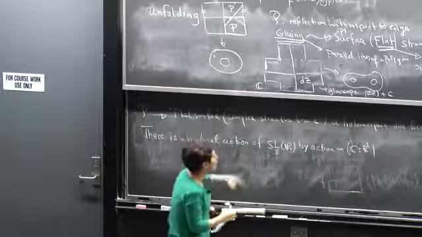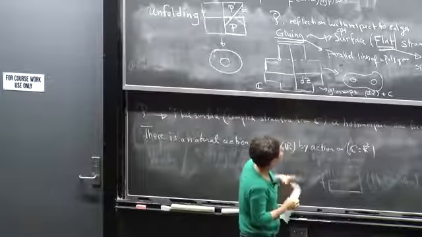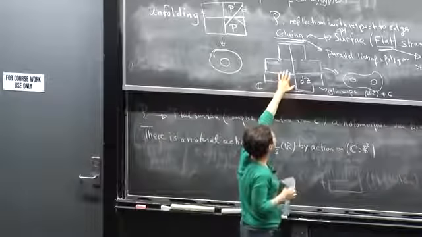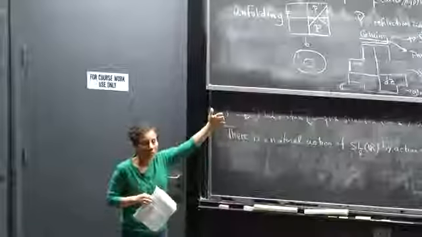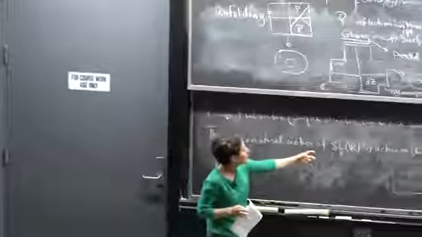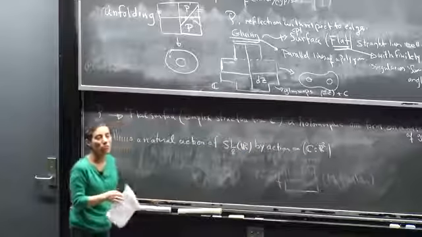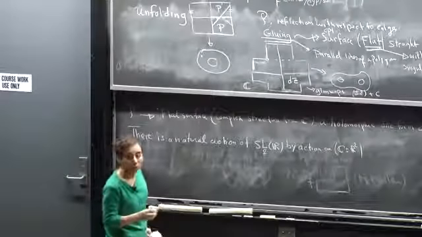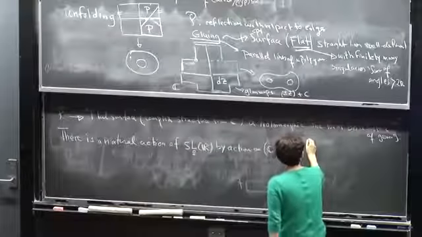So if you have this, you can just use whatever your element of SL2R does to the polygon, and it makes a different polygon. But being parallel is preserved, so you can glue the same edges and get a different polygon.